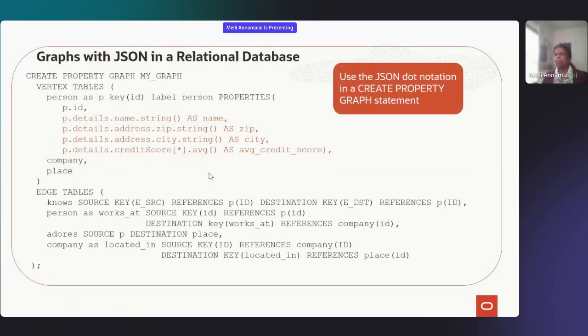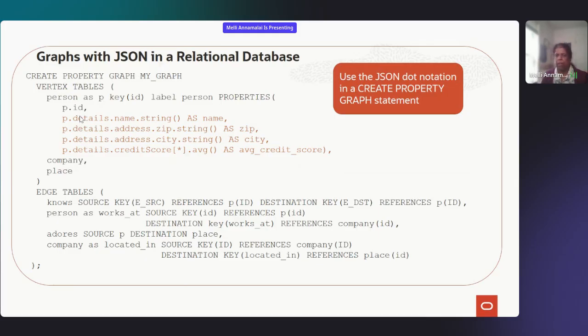And here are examples of doing this with JSON. So I'm creating here a property graph called my graph, and I'm specifying the vertex tables and the edge tables. And in the vertex tables, a particular column in my table has JSON data. Because you've integrated, I can use the JSON dot notation that's already available in the database to pull out the relevant pieces of information that I want to include in my vertex table in the graph.